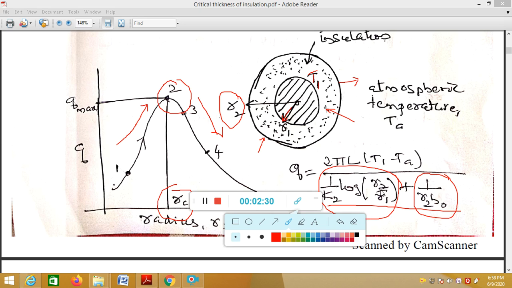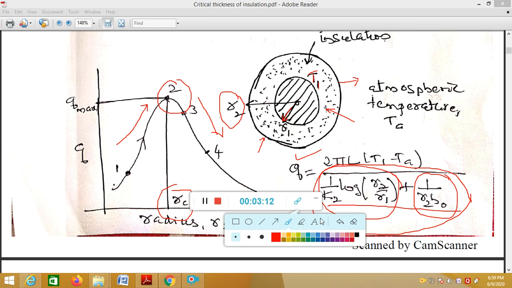So when R2 increases, this conduction resistance increases, but only logarithmically, whereas the convection resistance 1 by R2 H naught decreases in direct inverse proportion. The net result is that an increase in outer radius of the insulation will decrease the denominator quantity. Therefore Q increases with increase in outer radius of insulation.